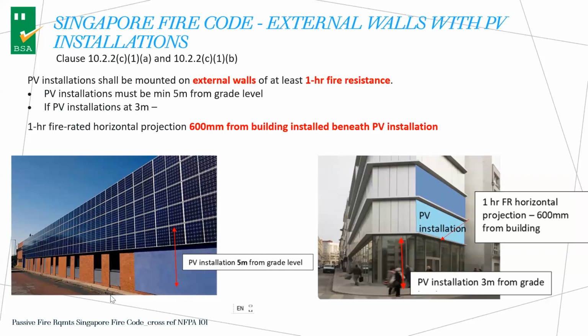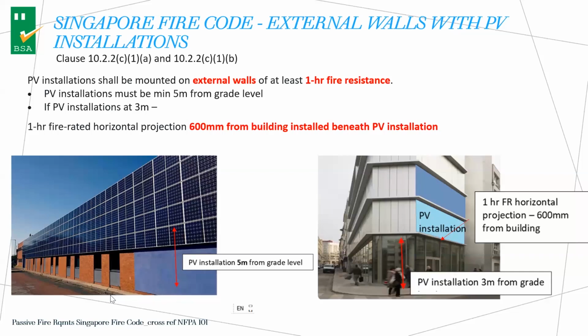So a regulation was introduced into the fire code, actually in chapter 10, not covered in the chapters I mentioned. If you have a solar panel on the wall, the first panel must be 5 meters from the ground level, and the wall that mounts the solar panel must be at least 1 hour fire rated.